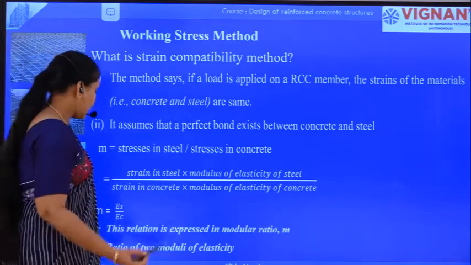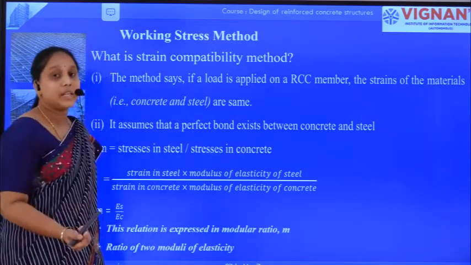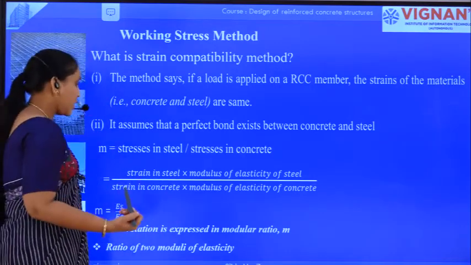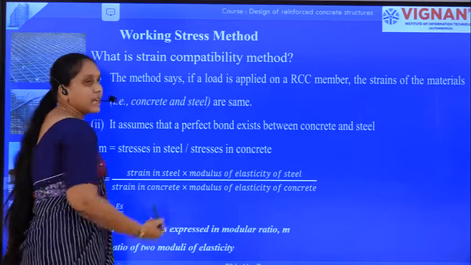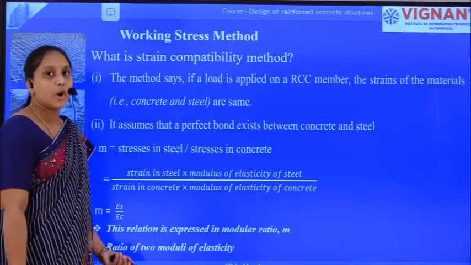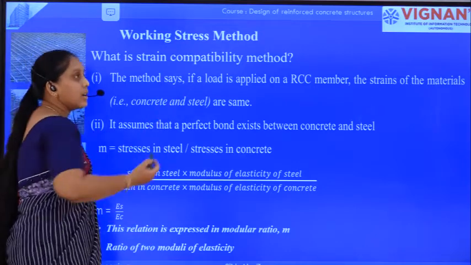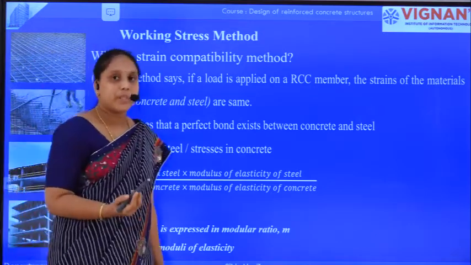That Es by Ec is termed the modular ratio. Modular ratio is nothing but the ratio of the two moduli of elasticity.